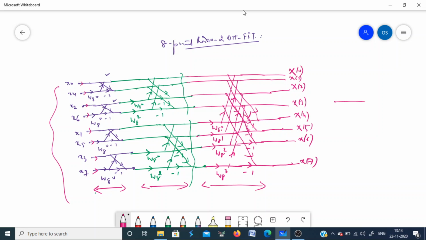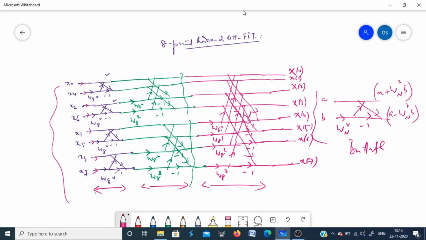So the butterfly diagram for this structure is: A, B, you multiply the lower branch with some phase factor, you get w to the power r into b, then you multiply this with -1 and add with the top branch, you get a minus w to the power r into b. This is called a butterfly.